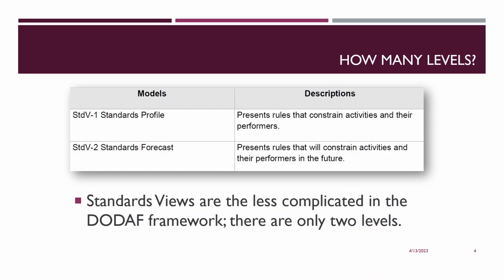They're both useful and both needed, but for the purposes of what we're trying to build out, we just need to stick to a standards profile, which is the current rules, not the future rules, of all the activities and standards in use by services, actors, performers, and nodes and everything else that you might have within your integrated architecture. What is required for this week's submission is an StdV1, so just a standard standards profile.